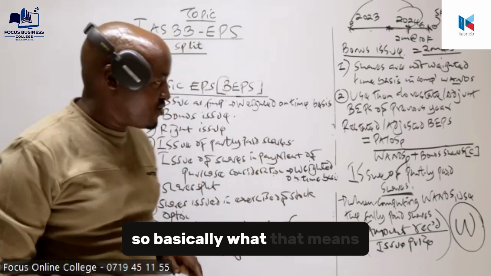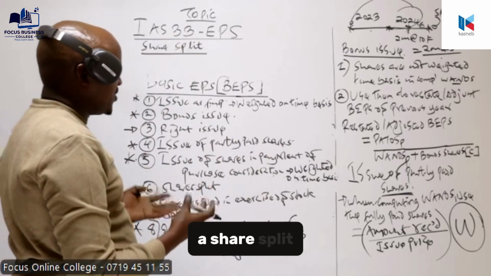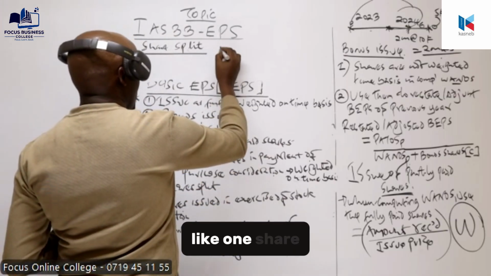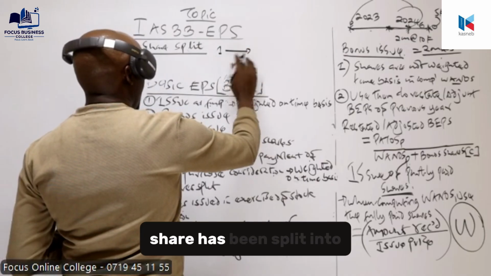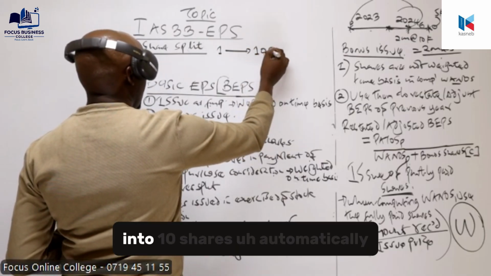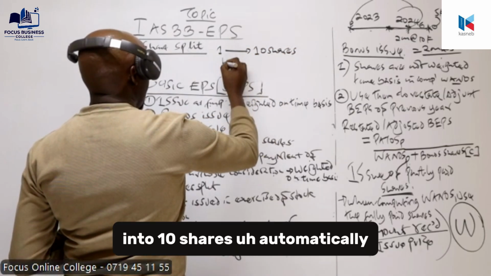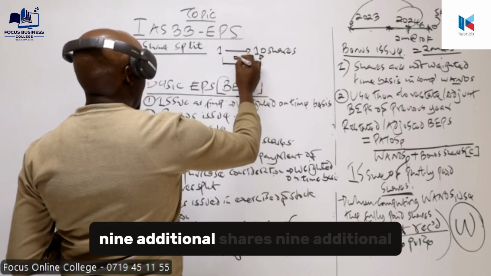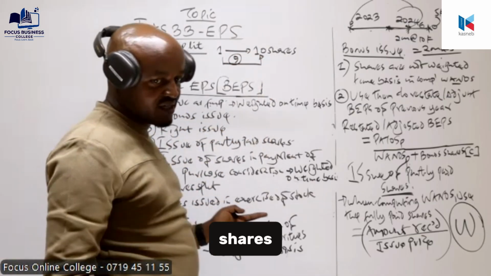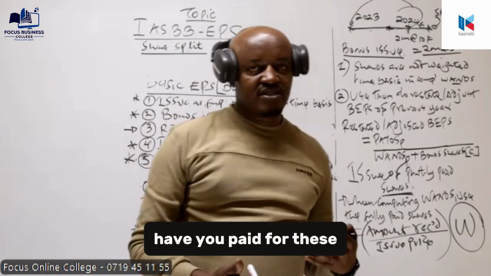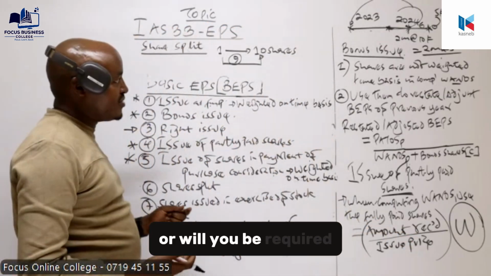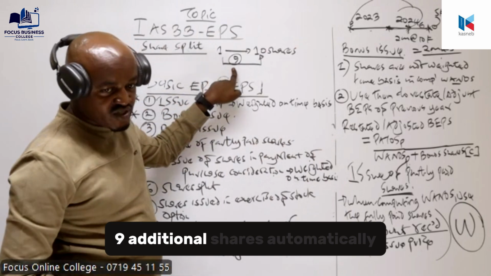So in case of a share split, if for example you held one share, and this one share has been split into 10 shares, automatically that means you have been issued 9 additional shares. Have you paid for these 9 additional shares, or will you be required to pay for them?